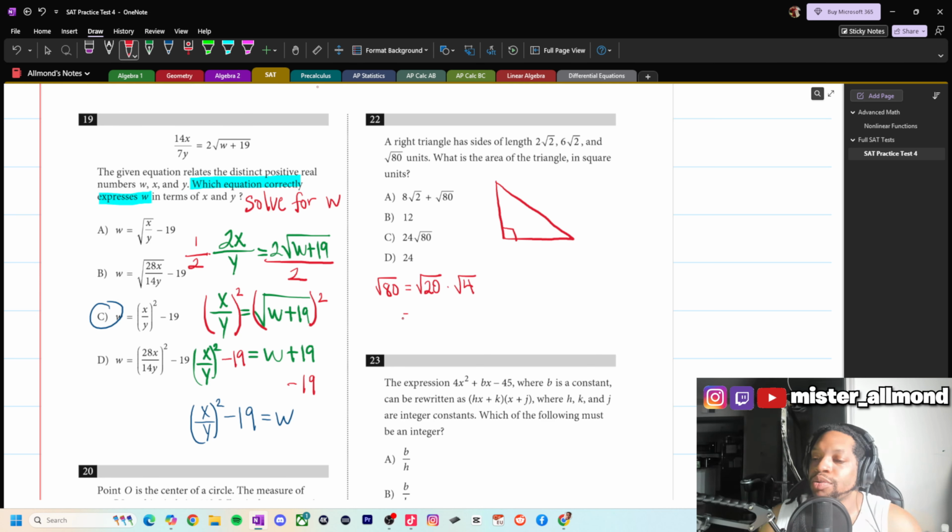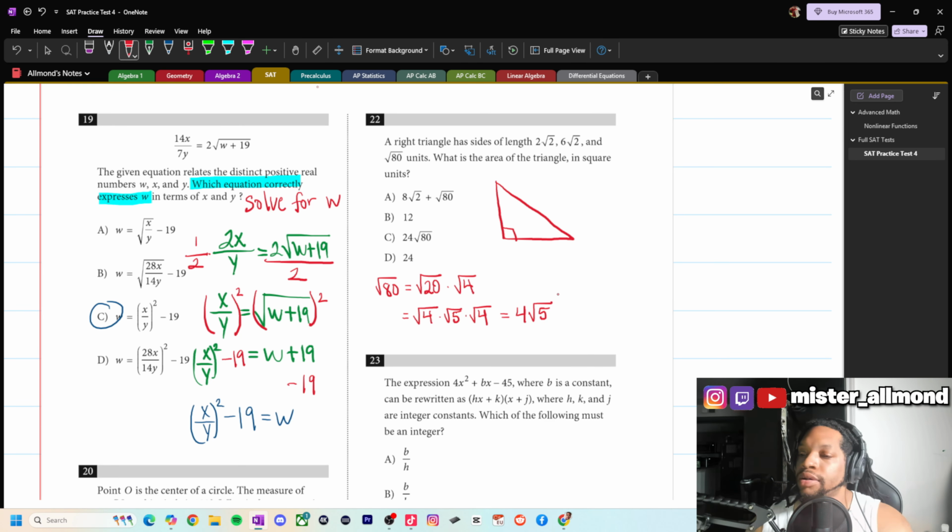And then the square root of 20, I can break that down like this. So I got, oh, it was 16 and 5. So the square root of 4 times the square root of 4 is the square root of 16, which is 4, times root 5.